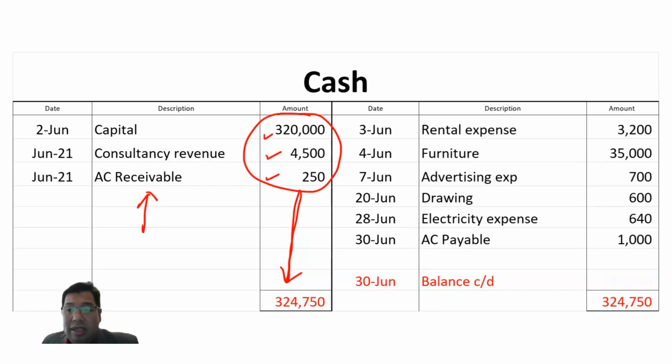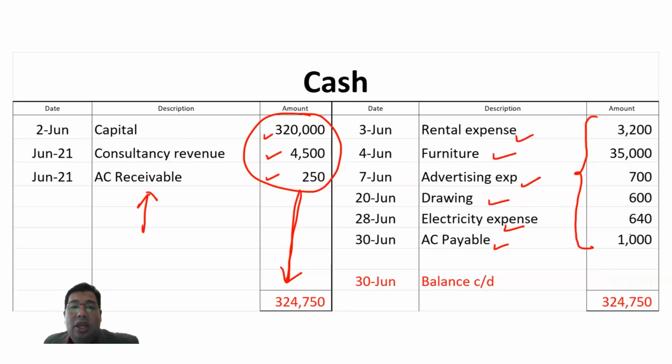So what is the balance of cash? Well, on the credit side, we have 6 transactions, 6 payments made for rental, for furniture, for advertising, for drawing, electricity, and also payment to our creditor or account payable. So what is the balance of our cash account?